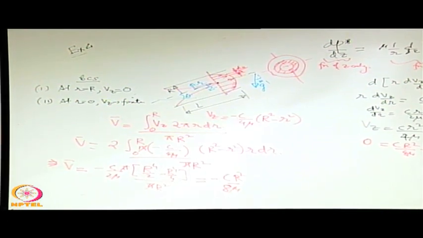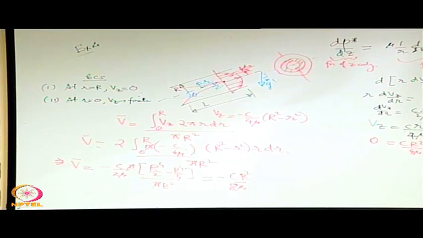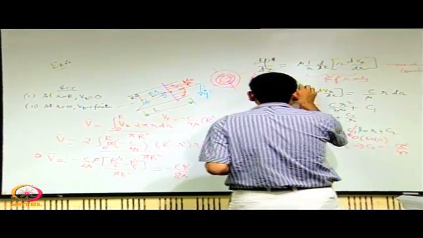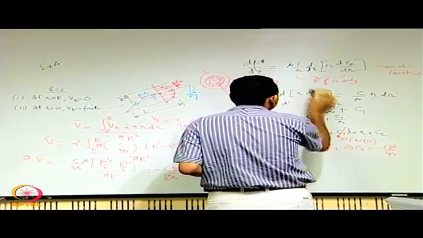So this is one important result which we will use subsequently, but at least let us write the expression for the velocity profile by writing C in terms of this.